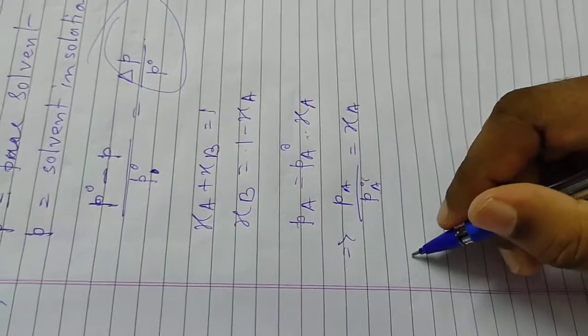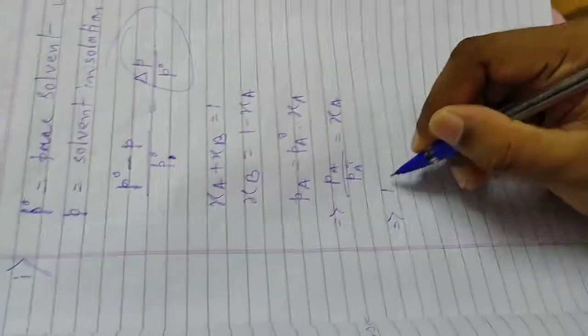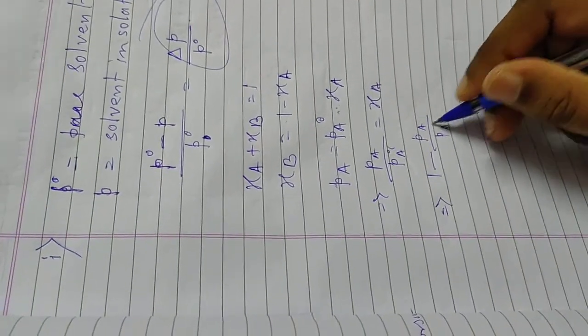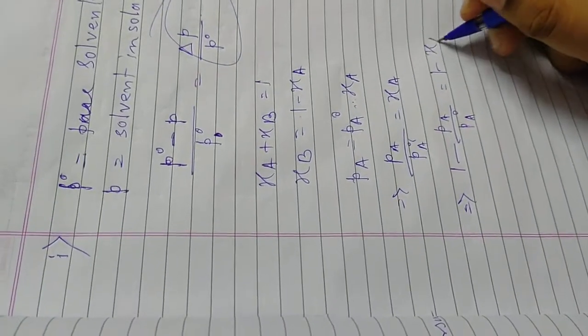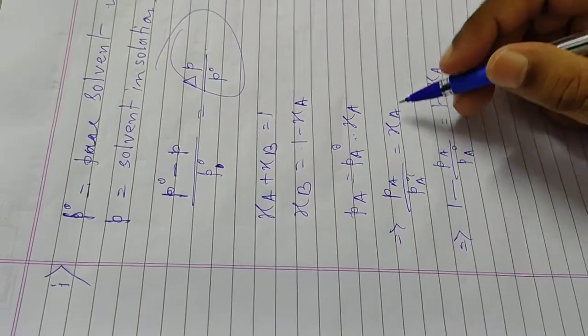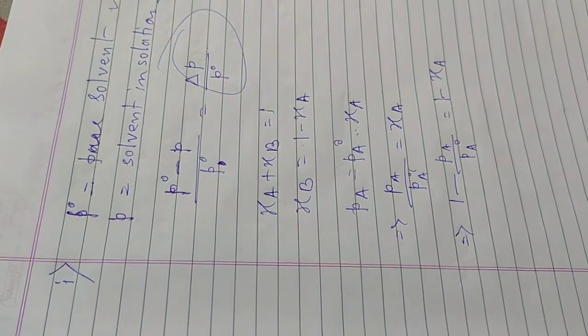Good. Now from here we get 1 minus PA by PA naught will be equal to 1 minus chi A. Actually I am subtracting both the sides from 1.